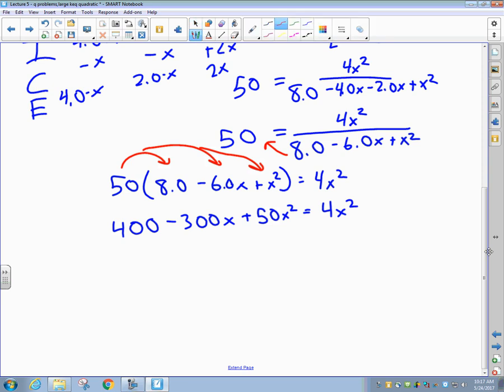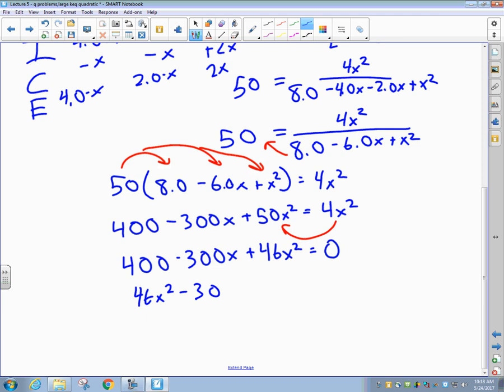I will then move the 4x squared over to the other side, so I end up with 400 minus 300x plus 46x squared equals 0. I'm going to rearrange this so it's written in standard format. We have 46x squared minus 300x plus 400, and that equals 0.